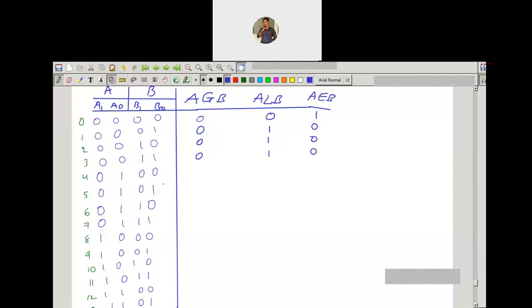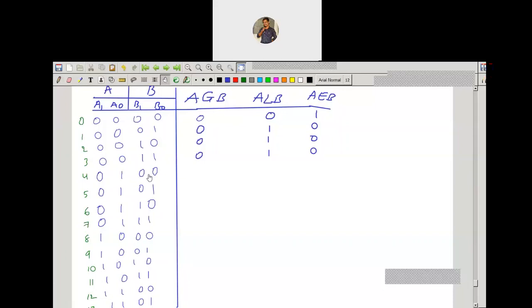In the next case, 0 1 0 0, anybody answer me? What is this case? Whether A more than B or A less than B or A equal to B? I want your answers.